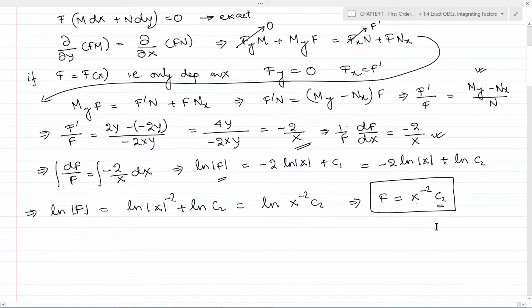That is why, for simplicity, we do not need to consider this c1 or any constant of integration while calculating the integrating factors.